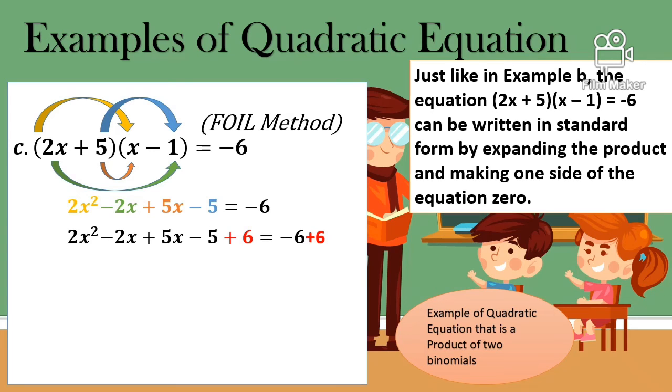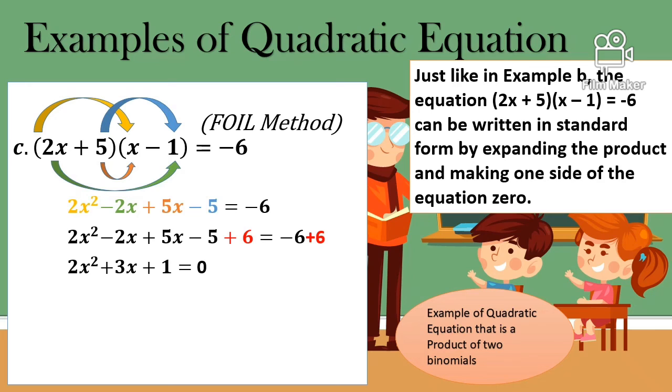And then, to make the other side of the equation 0, we applied the addition property of equality. So we added 6 on both sides of the equation. We got 2x squared plus 3x plus 1 equals 0.